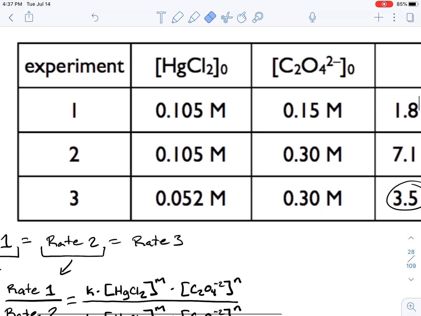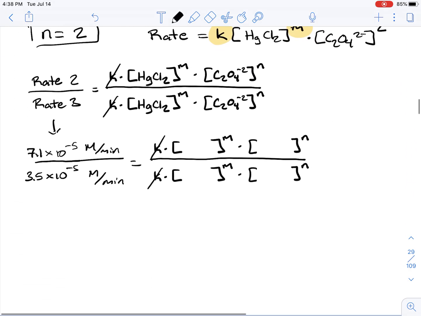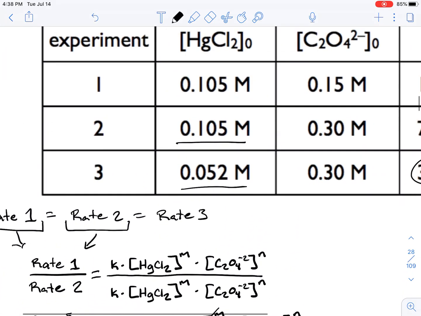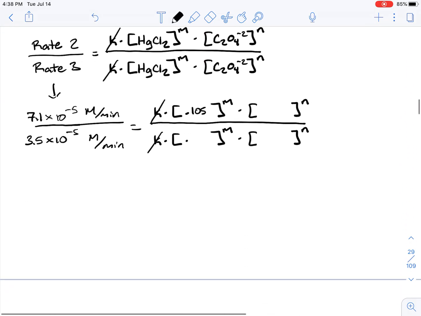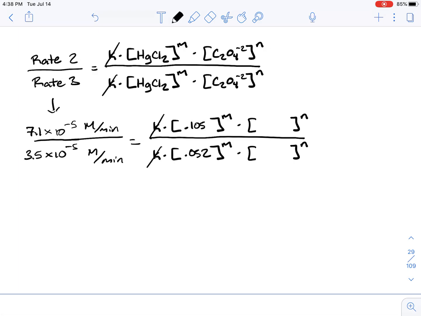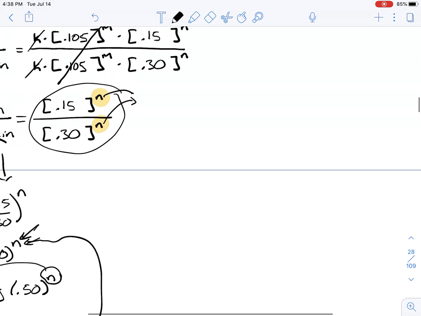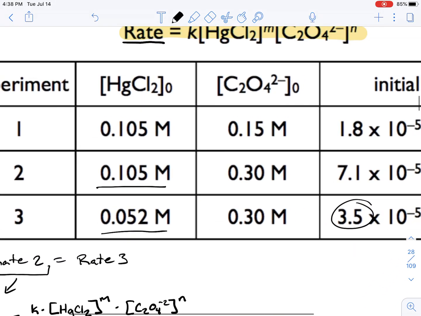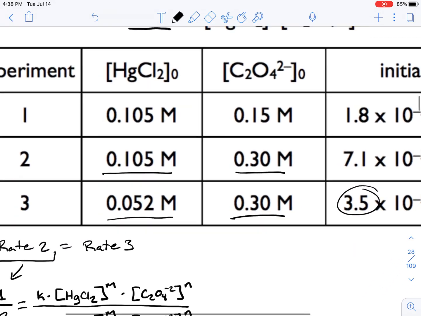For experiment 2, for mercury 2 chloride, I have 0.105, and for experiment 3, 0.052. And for oxalate, notice that's 0.30, 0.30.